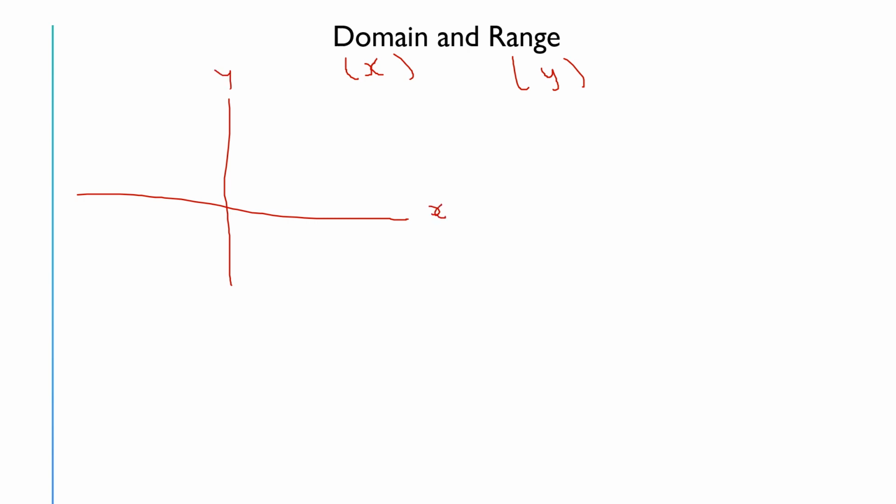So therefore, my domain is this whole region that is going through X. That is our domain. Range will be from here going upwards, or from up going downwards. That will be your range. It affects your Y axis. Domain affects your X axis.